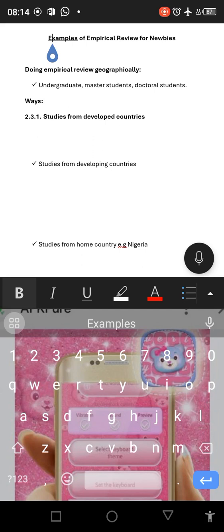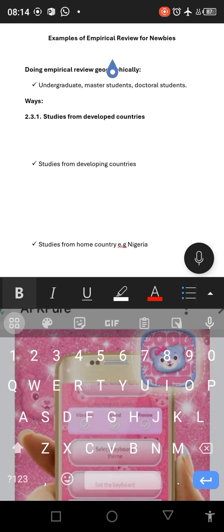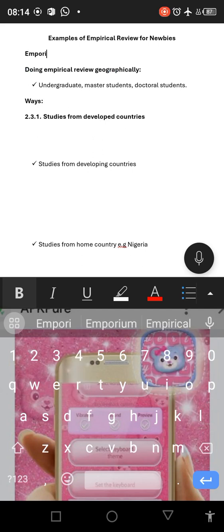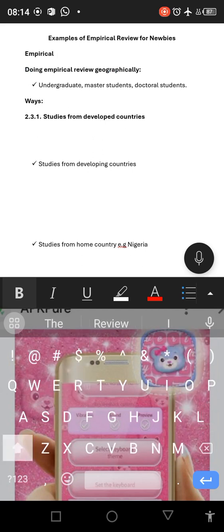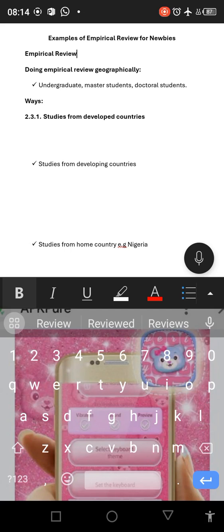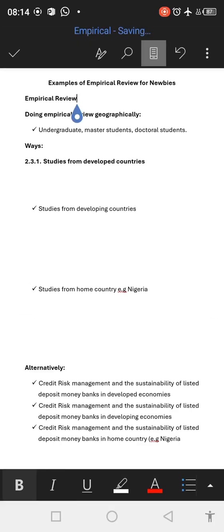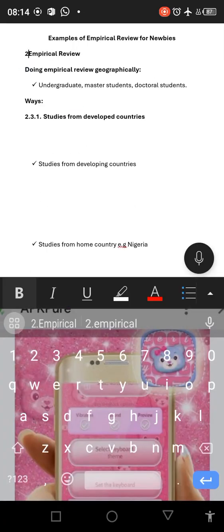Okay, here, let me say this is my empirical review. This section of my chapter 2, empirical review, is 2.3. The third section of my chapter 2. That's the reason why I carry that 2 means chapter 2.